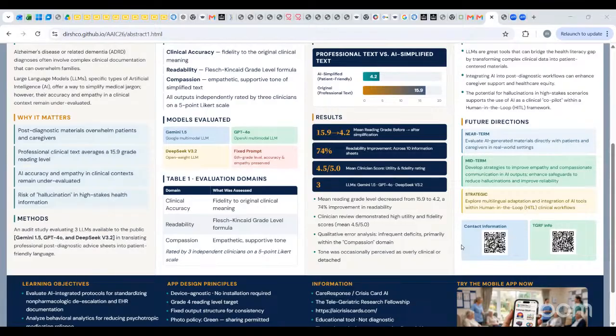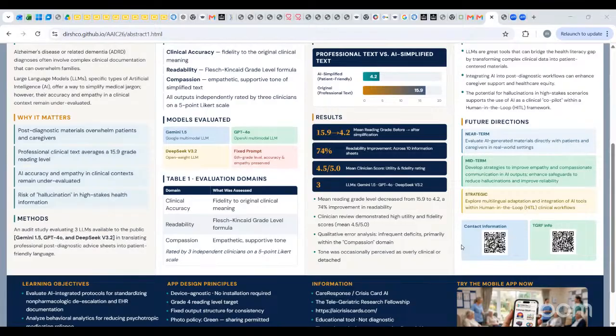how we make sure that the information generated by AI tools will be clinically accurate. So we assessed output for clinical accuracy using a 5-point Likert scale, and the result is that the accuracy scored 4.5 out of 5.